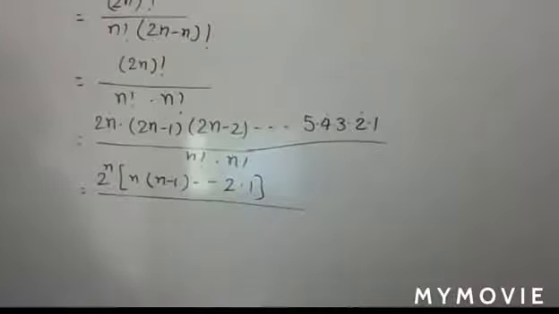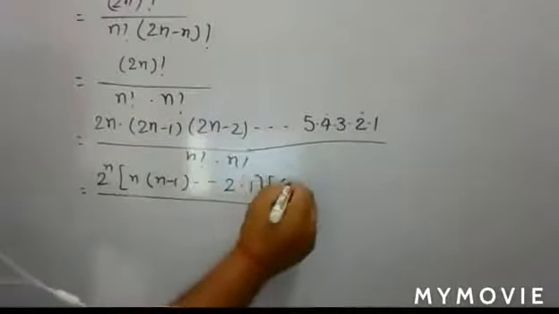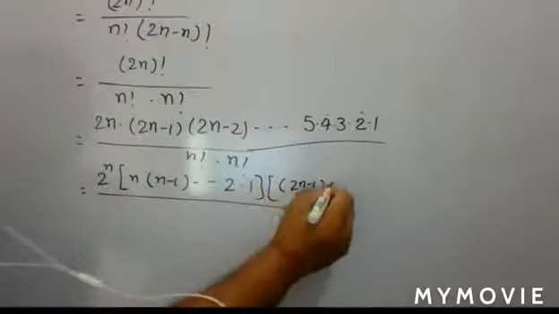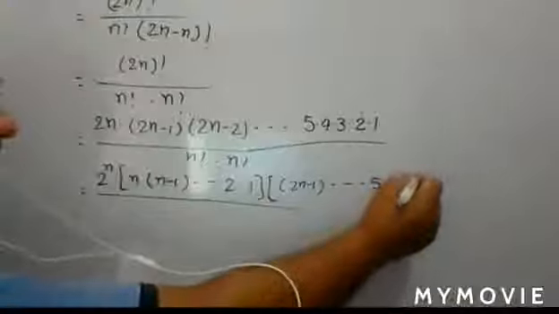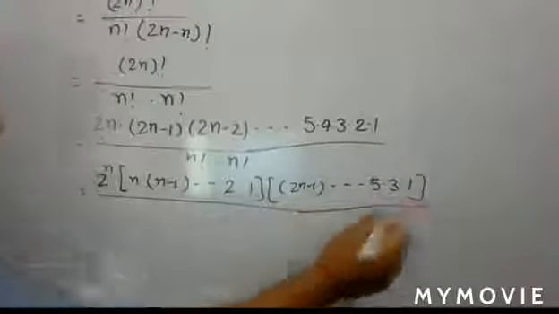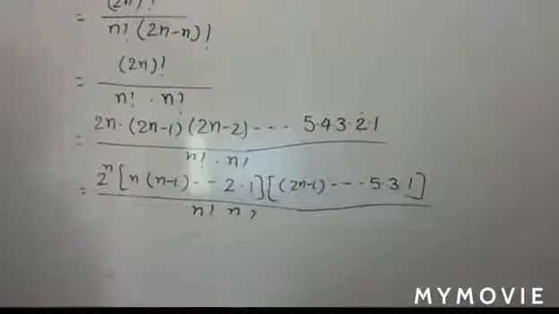And write all the odd terms: 2n minus 1, and up to 5, 3 and 1. All these are odd terms, divided by factorial n into factorial n.